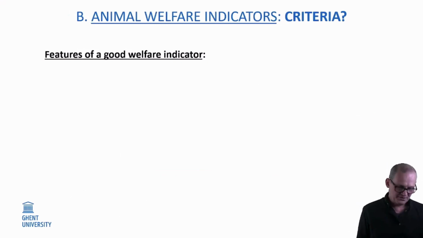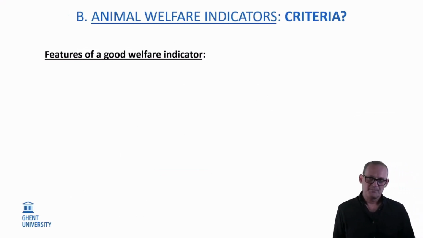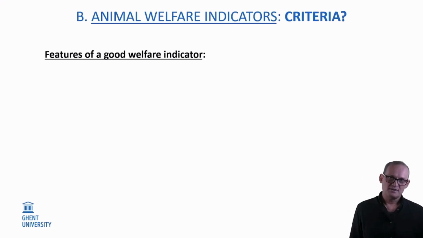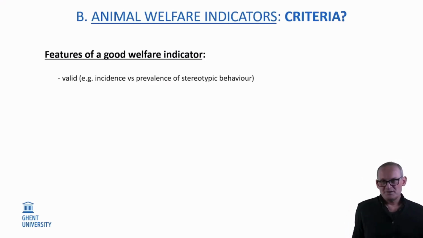What are general features of a good welfare indicator? What are the criteria for a good indicator of welfare? First of all, it ought to be a valid indicator, which means that it really tells you something about the welfare of the animal, or at least about one of the aspects of its welfare. For example, you could have a measure of welfare that estimates the prevalence of animals showing stereotypic behavior.